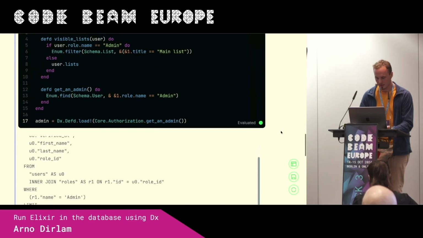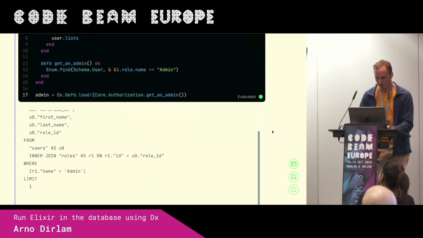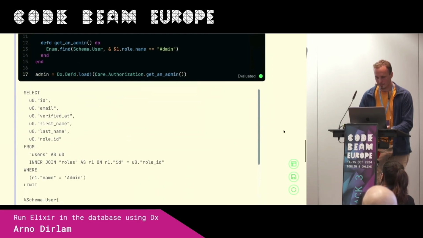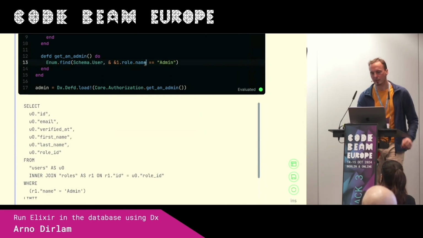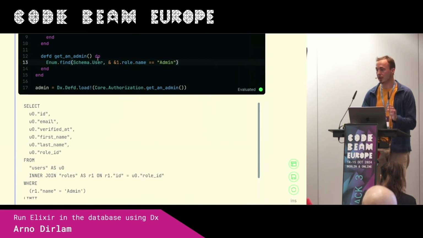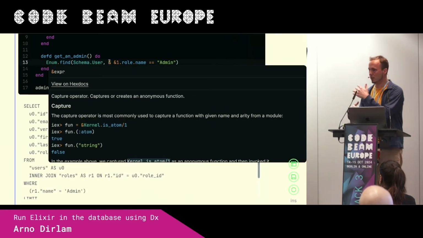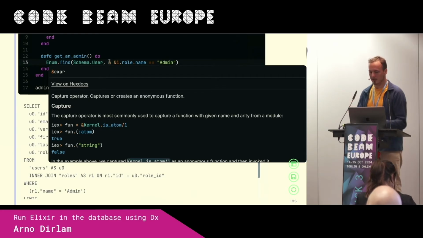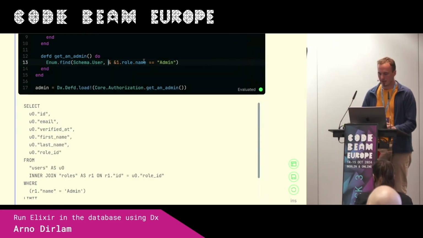So this find, because there's no data loaded yet, just runs a find on a full schema that gets translated to SQL. In this case, it needs to make a join for the role and then match on the role's name.